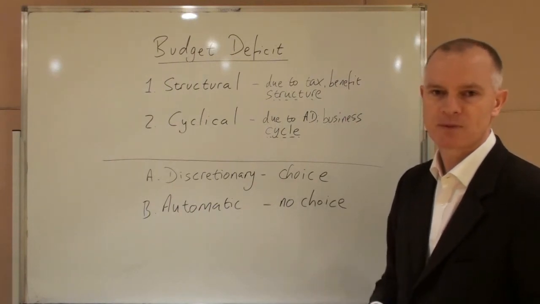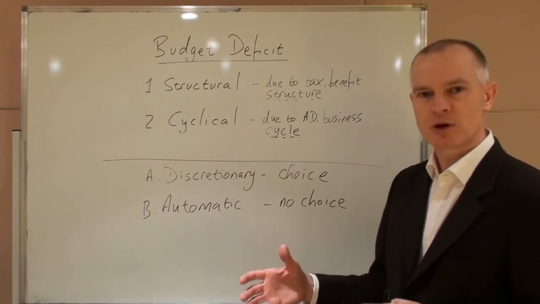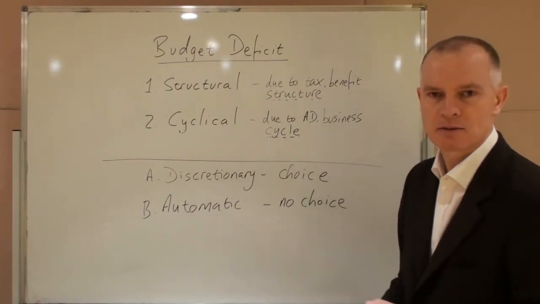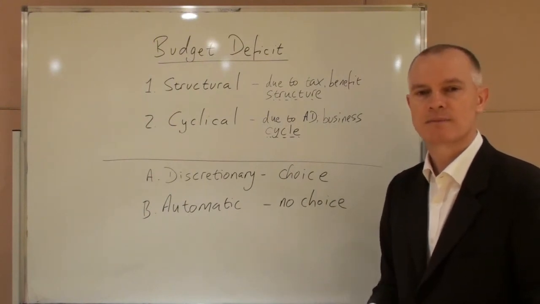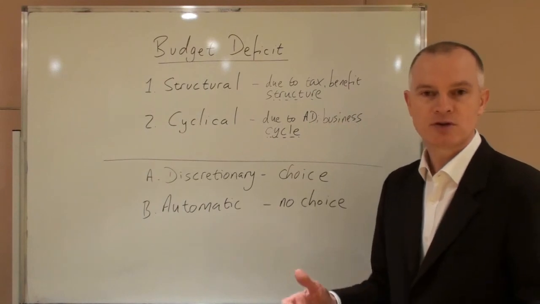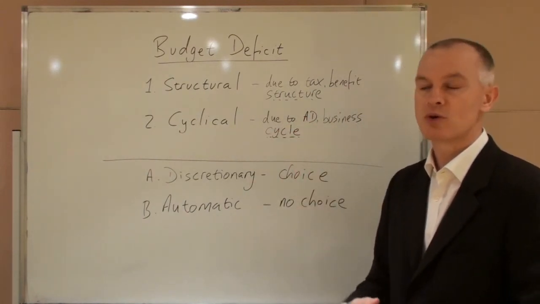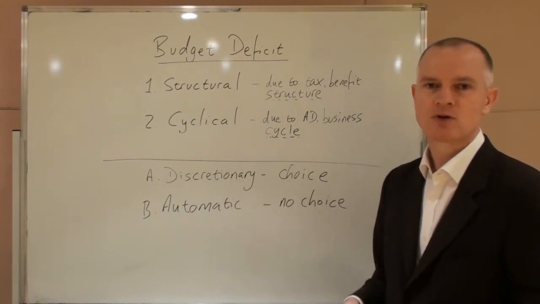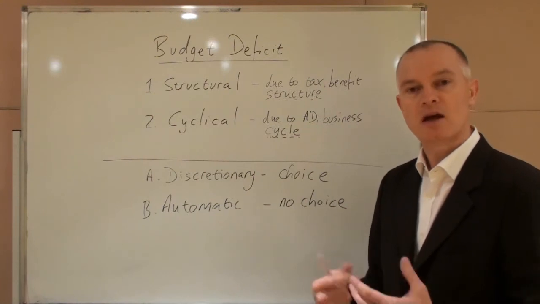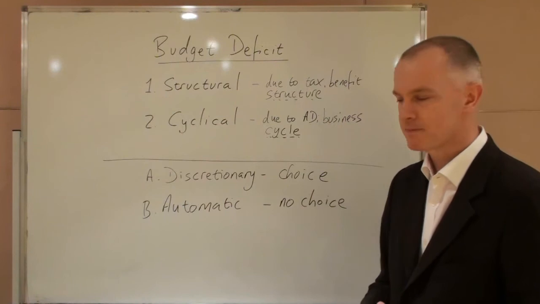Automatic fiscal policy, or an automatic budget deficit, occurs when fiscal policy or the budget deficit arises without any direct act by government. Governments must pay benefits. They are committed to do so. They can change the rate at which they pay them, but once a law is passed to pay benefits at a particular rate when people qualify for them, if more people qualify for those benefits, government spending on them will rise.